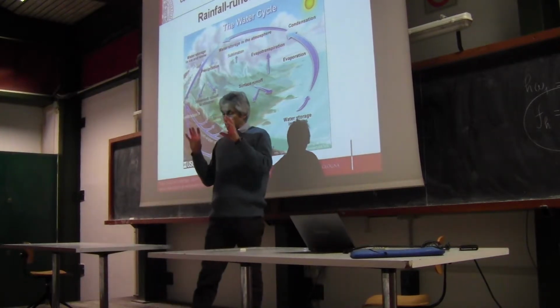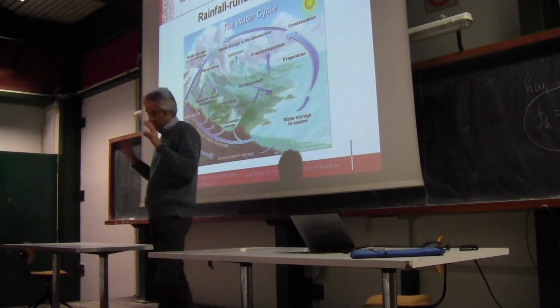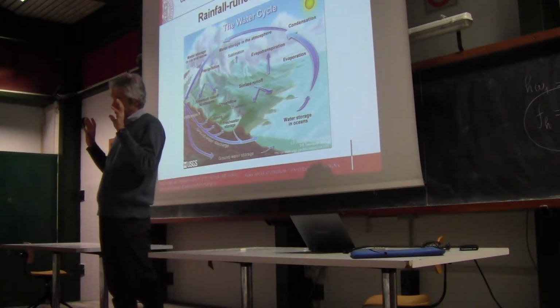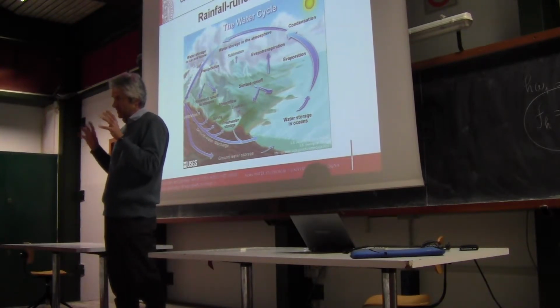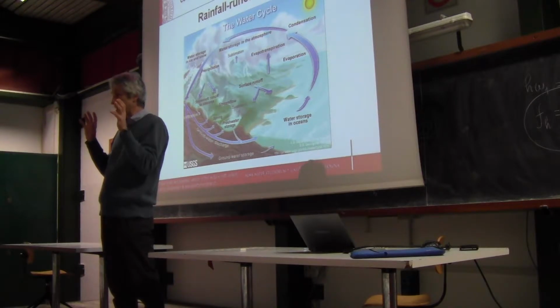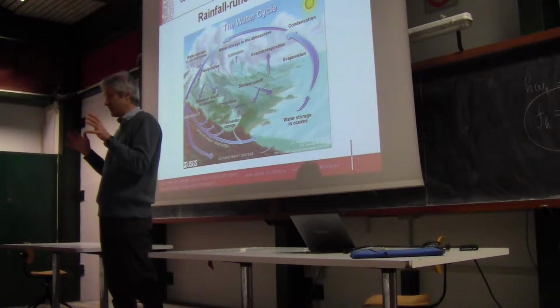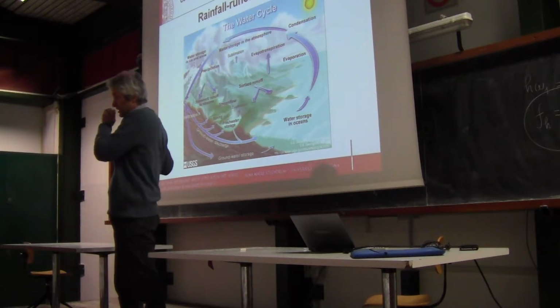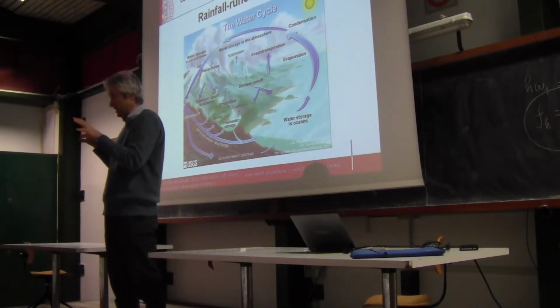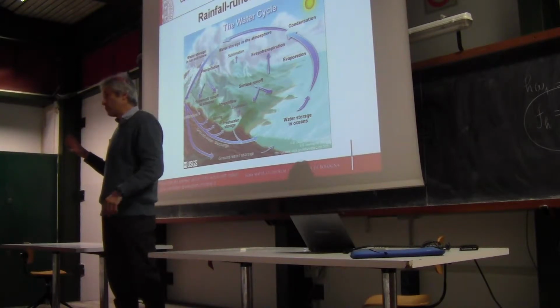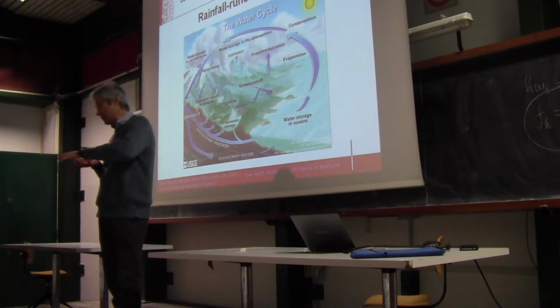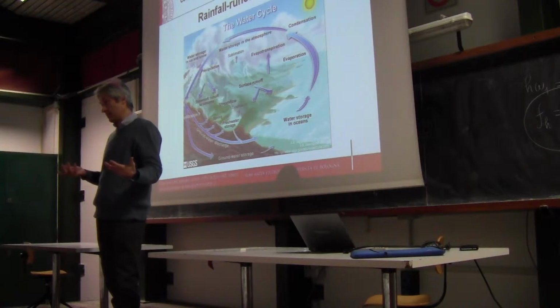So this is our input information, and then there is some other information that we need, like, for instance, the land cover, like the geology. If we want to reproduce this process that originates surface runoff, we need to know whether the Earth's surface is impervious or not.